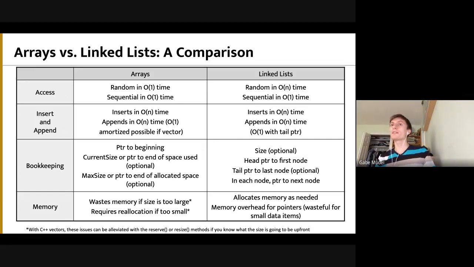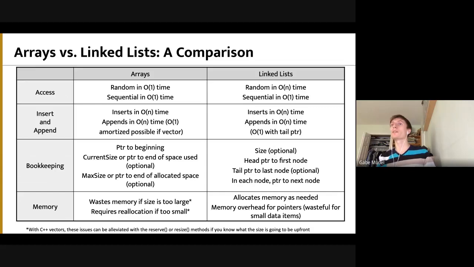With a linked list, we have to create a node that has both the element and a pointer to the next element. That's pretty wasteful because a pointer tends to be 8 bytes on most modern systems, and an integer is only 4 bytes. So every node in a linked list is going to take up 12 bytes on average.